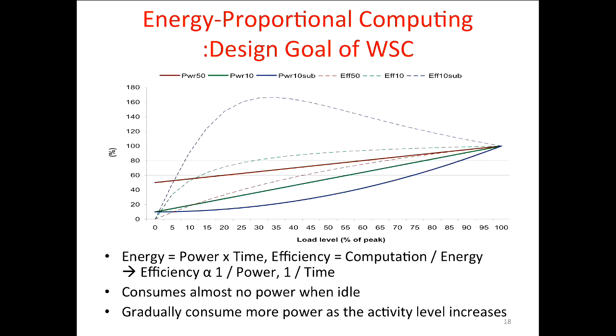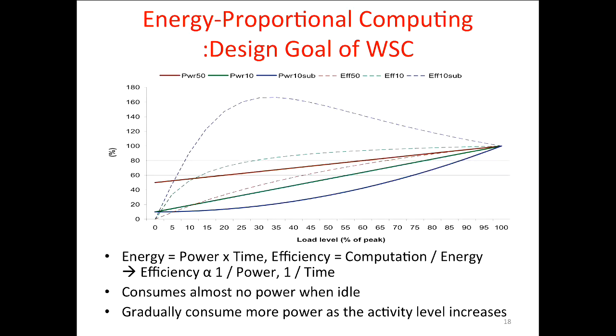So that means the server should consume almost no power when it's idle. So this green line shows it linearly decreases, but when it's idle, it consumes only 10% of the entire power, okay? Then we can achieve much better energy efficiency here, okay?